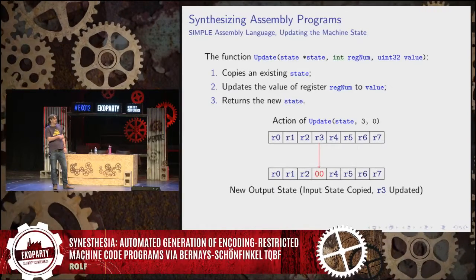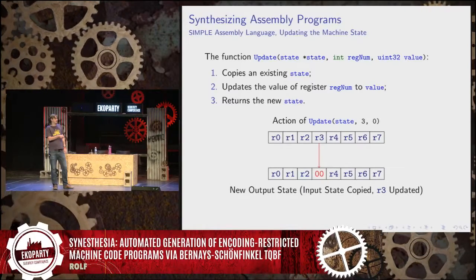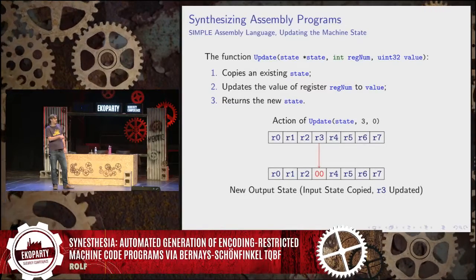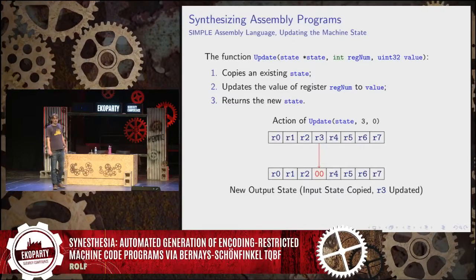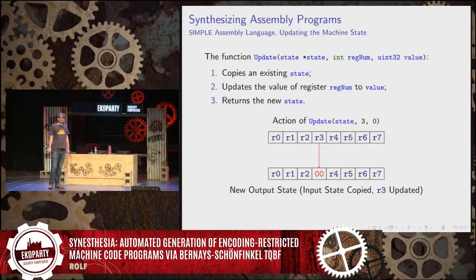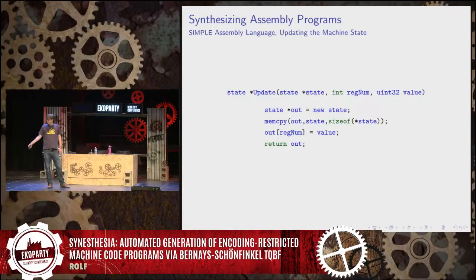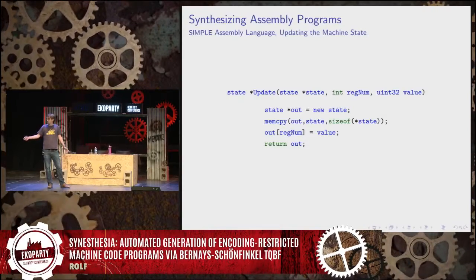So for example, if we pass in some existing state, and then we say update register 3 to contain value 0, the new state that we get out is going to look like what we see at the bottom of the slide. And it's going to create a new state as opposed to modifying an existing one. For completeness, I have the code. I'll skip that. If you want to read it, the slides will be online.